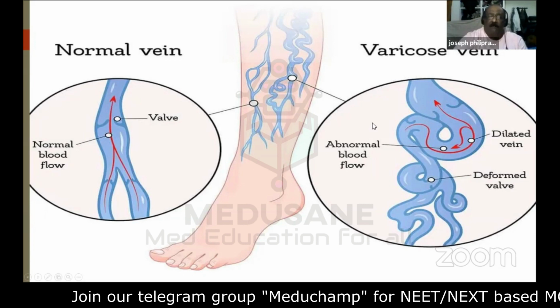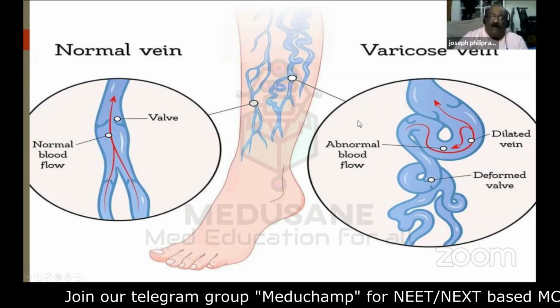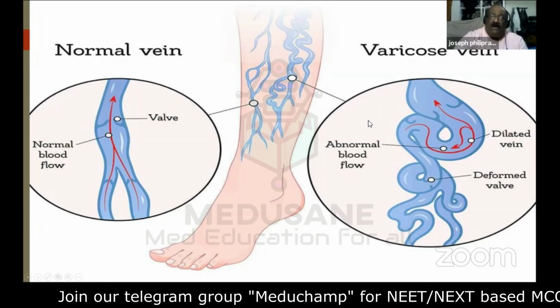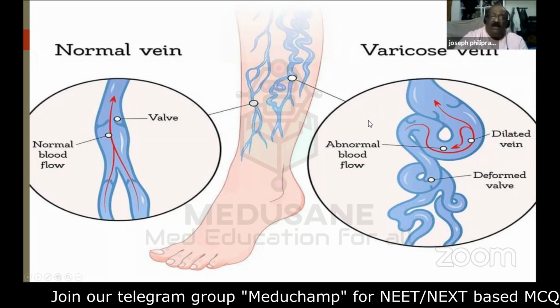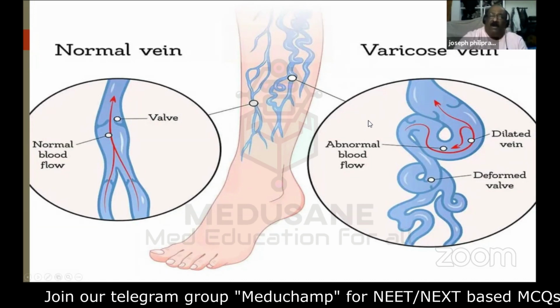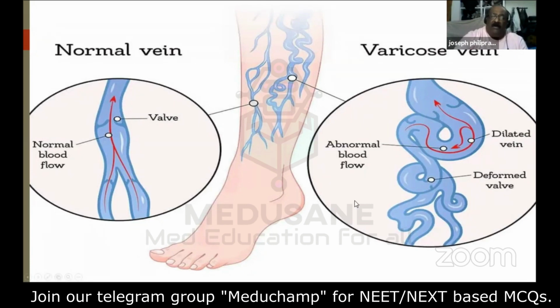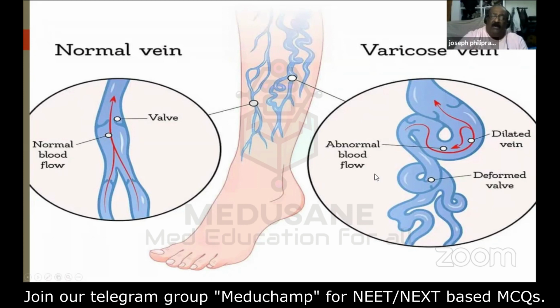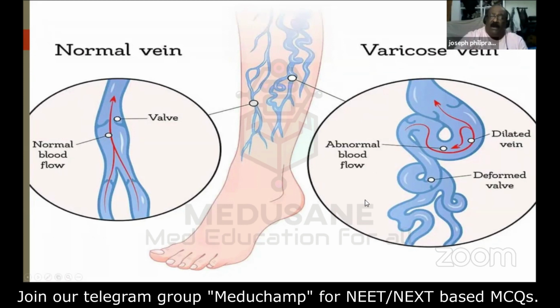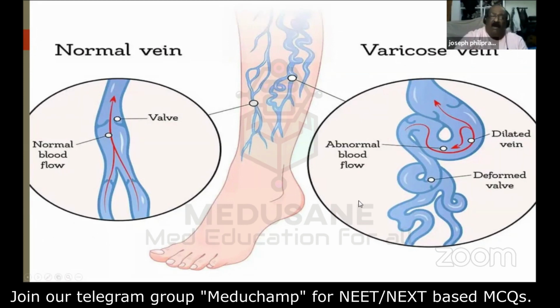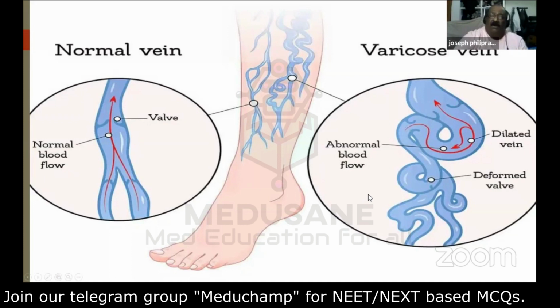Varicose veins can also be seen in esophageal varices, in patients with cirrhosis and portal hypertension, and then they can have portosystemic anastomosis in the anorectal junction and in the spermatic cord, which is known as varicocele.